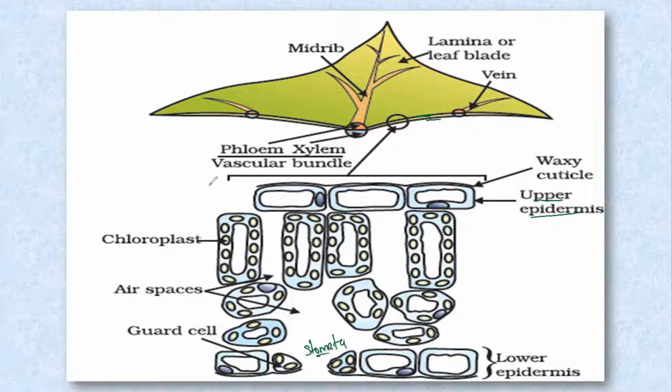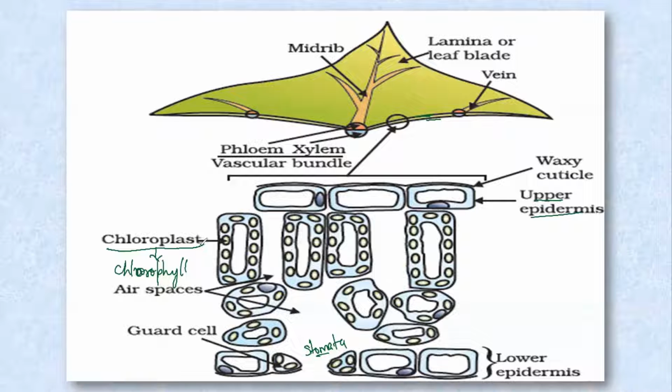You can see over here that the leaf has a specialized organelle called chloroplast. This chloroplast is the organelle inside which we find the green colored pigment called chlorophyll.